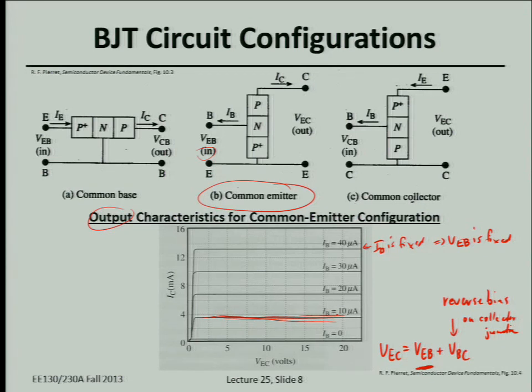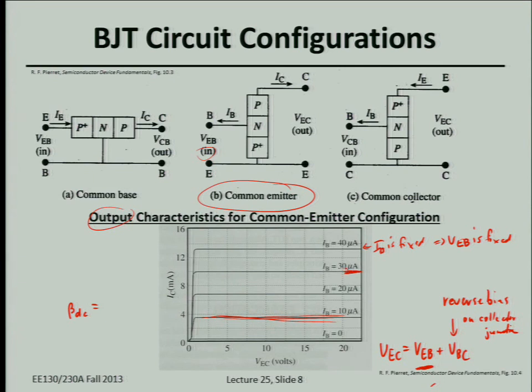Okay, so looking at this plot, this is an example of a simple quiz question. You might be asked, if I gave you this plot, can you estimate what beta is, the current gain? Just roughly. You might want to take a look at this curve.